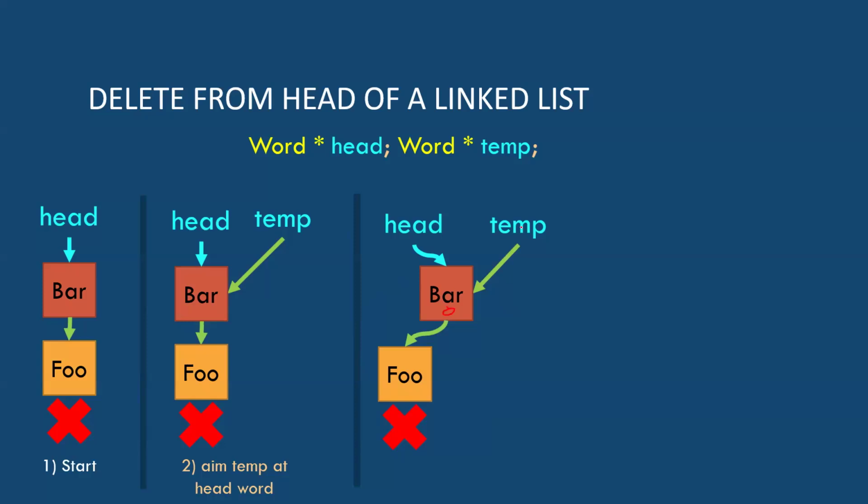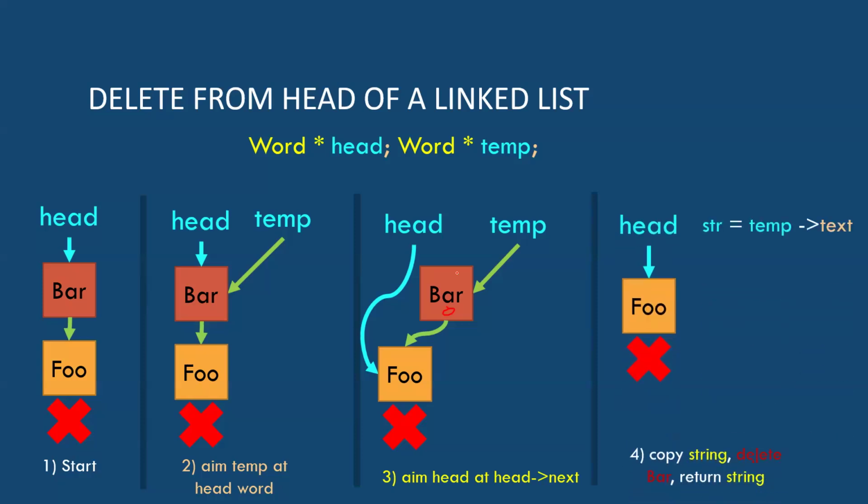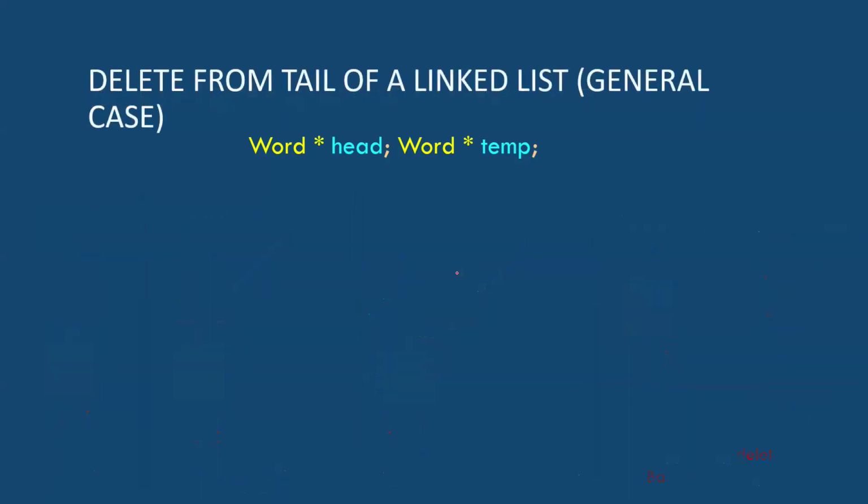If this is temp, then this is temp next. So it's the same thing. Head equals head next, or head equals temp next. It'll take you around that thing, okay? And then we can return the text from that temp and delete the head, okay? And now it's going to go away. Delete temp, or sorry, not delete head, delete temp and return the string. So that's inserting at the head, deleting at the head, okay?